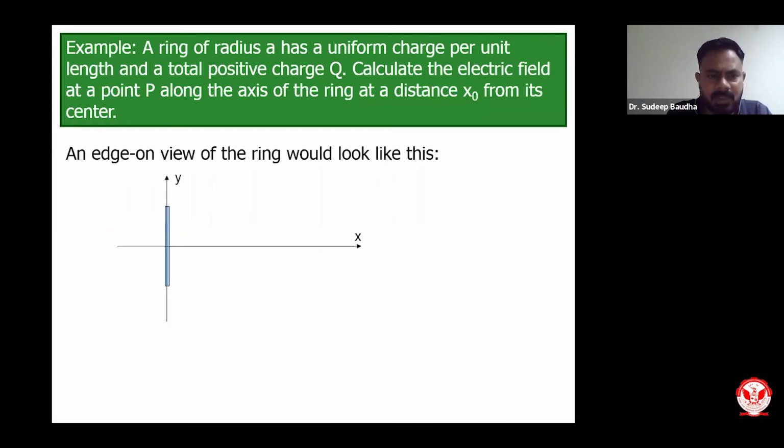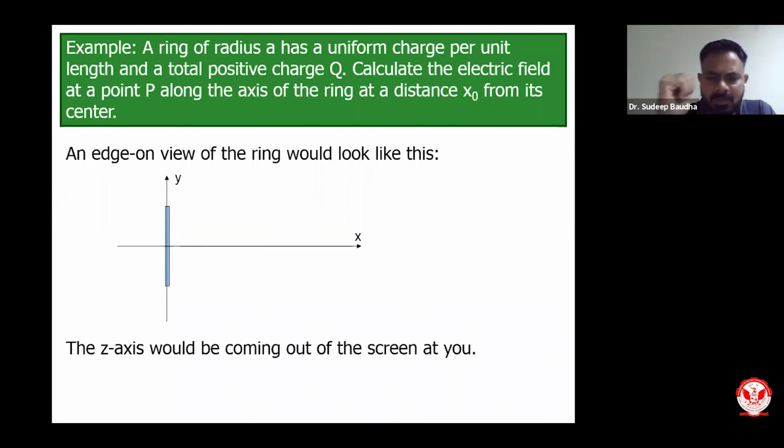Okay, so I can give you the edge view. If I see the side view of this question, then the ring will look like this in the y direction, and in the x direction you can look over here, and z will be pointing out of your screen. As you can see, we have three axes, x, y, and z.